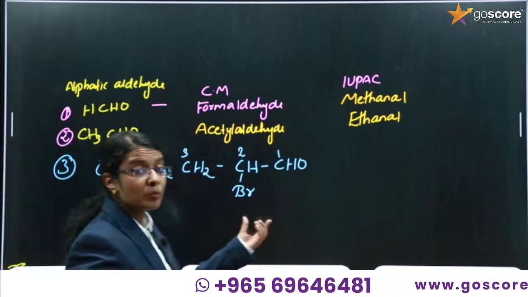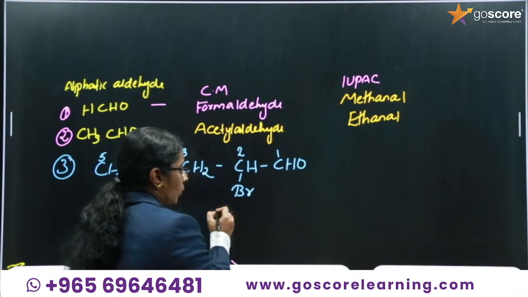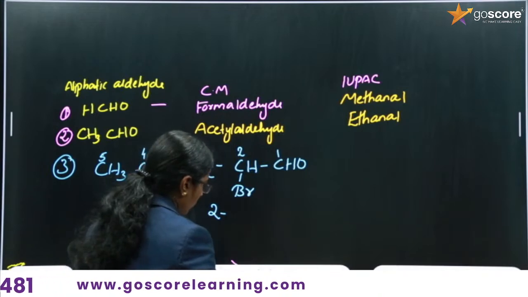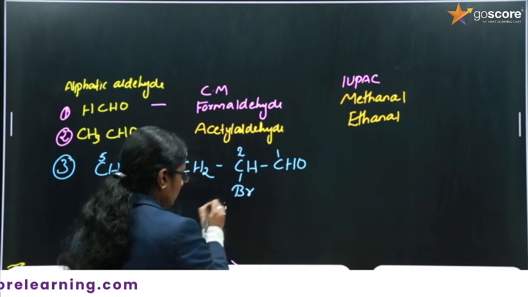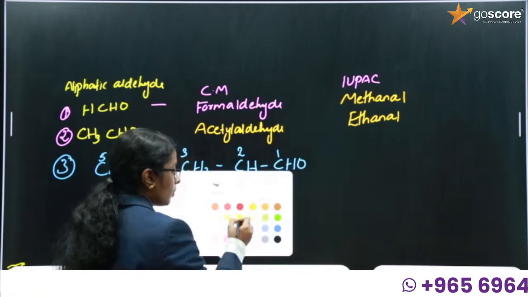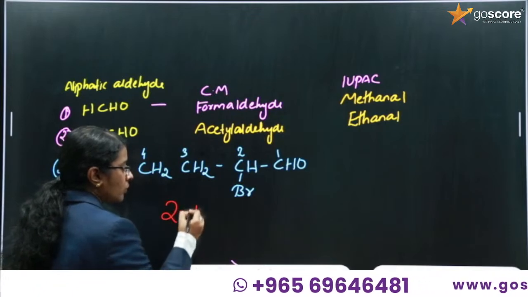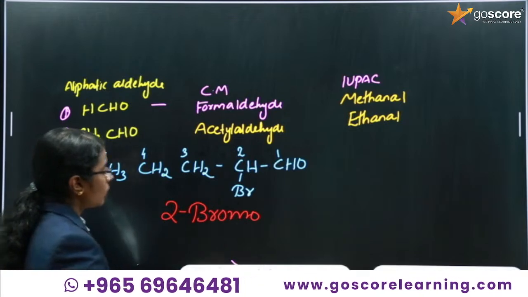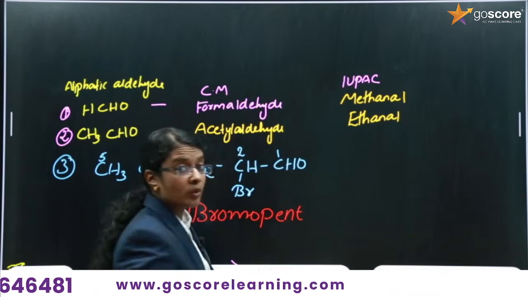On the second position, there is a substituent, that is bromo. 2-bromo pentane.